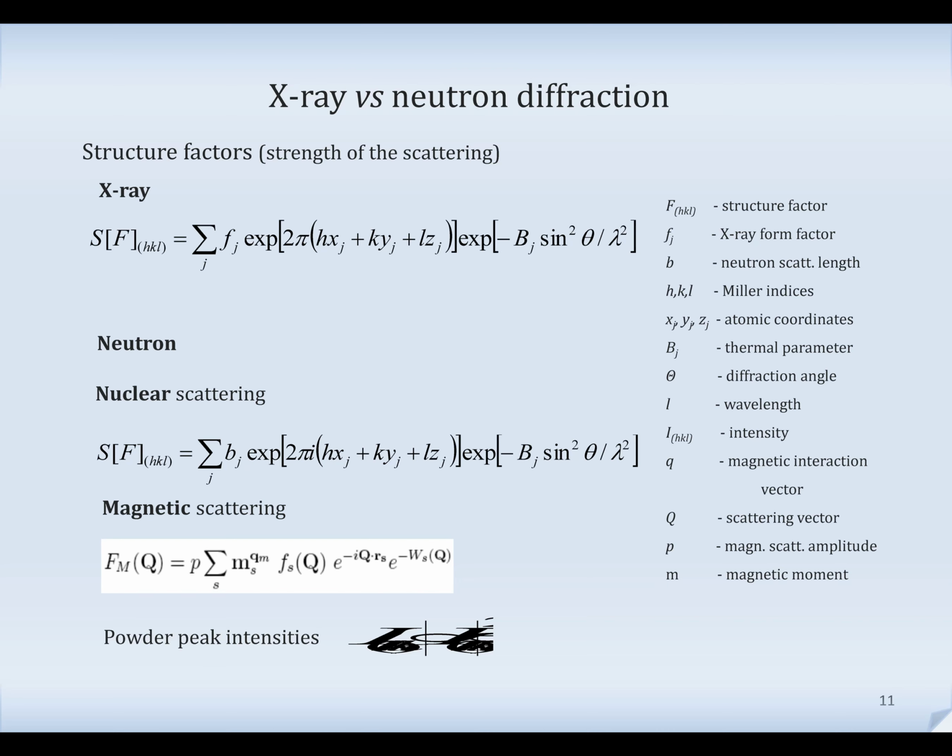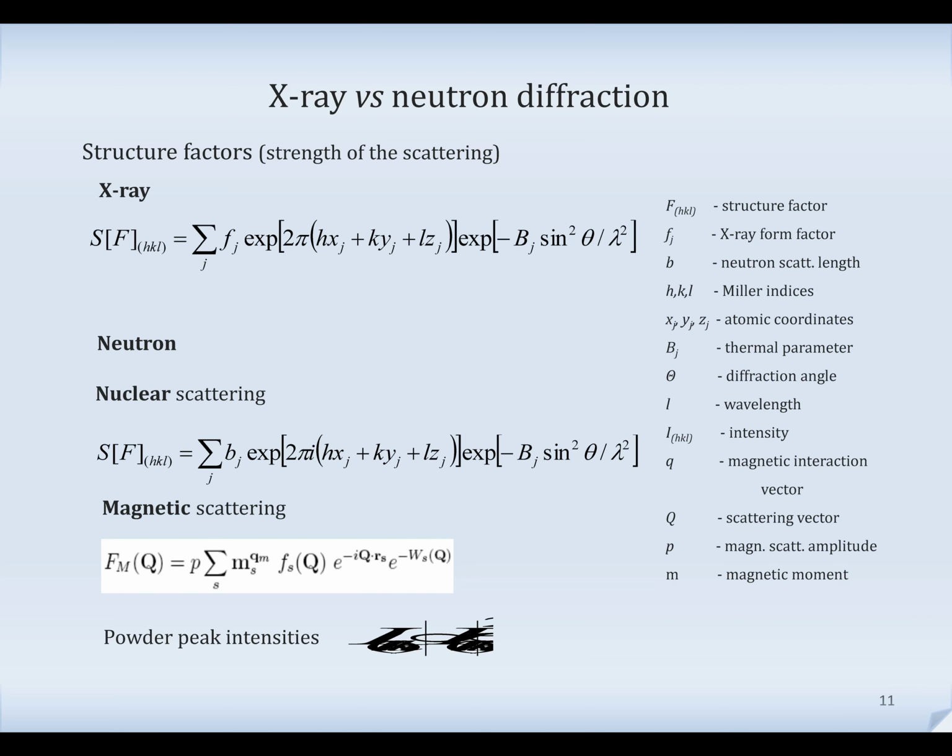More or less the same situation we have for neutrons. The only difference is that we have B, the same parameter as for X-rays. This is the scattering length, and it's not linear.